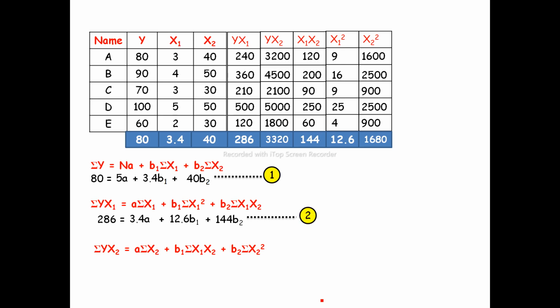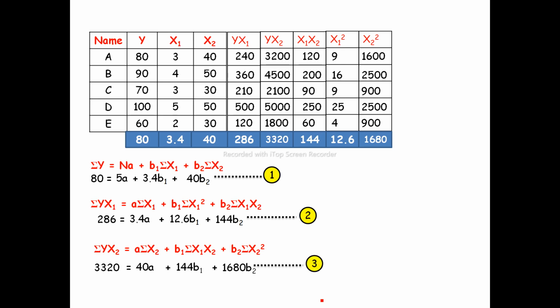Lastly, in the third equation also you will add all the values. Summation of y into x2 is 3320 equals summation of x2 is 40a, plus summation of x1 into x2 is 144, so we'll write 144b1, plus summation of x2 square is 1680b2. This will become equation number 3.